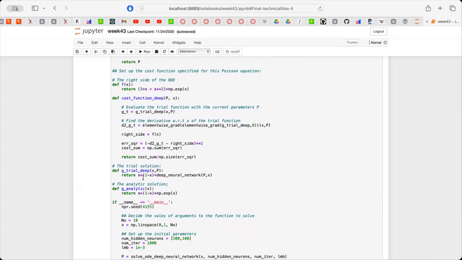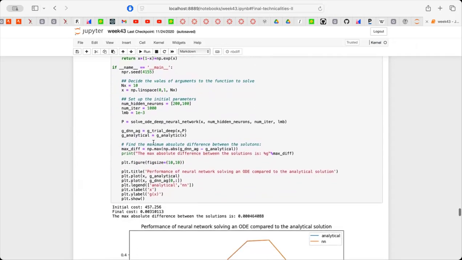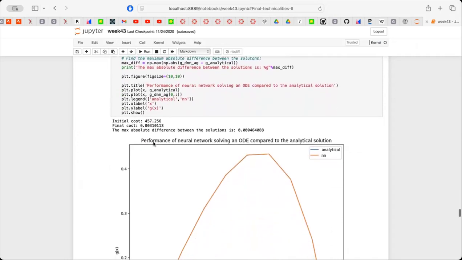And that trial function gives a new cost function, but I can keep my cost function the same as before. There is no need to change that. That's just a difference between the left-hand side and the right-hand side, except that now I have a second derivative, which I need to plug in. But essentially what I have is more or less the same type of equation.